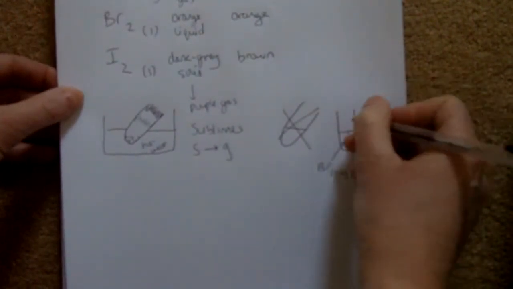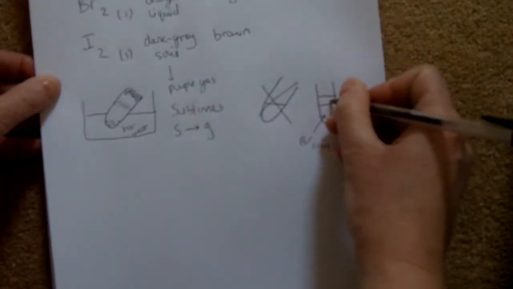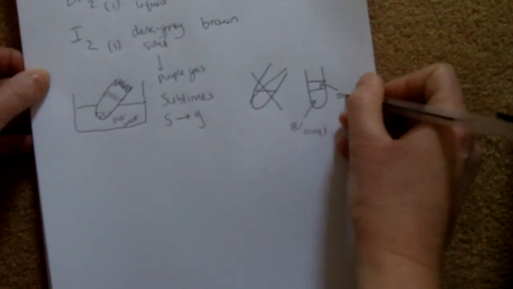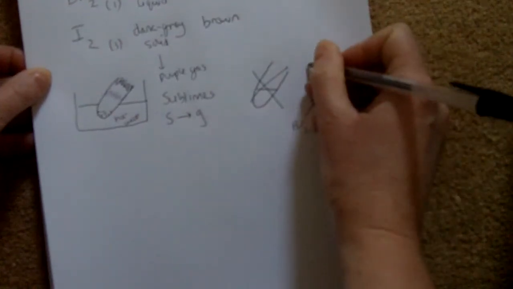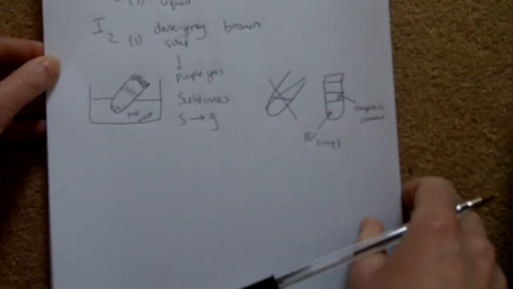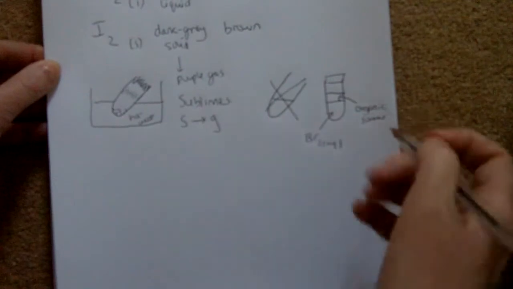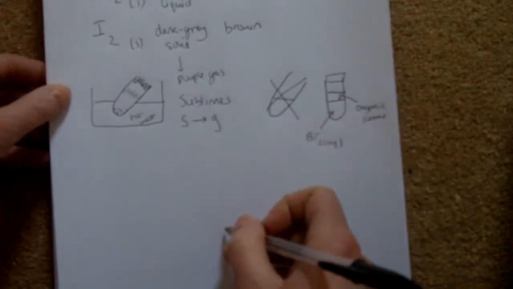So you pour in some cyclohexane, and the organic layer sits on the top. Organic solvent sits on the top, and you stopper it and then you give it a mix, and then what happens is you get a different colour. You get a colour comes out in the organic solvent.